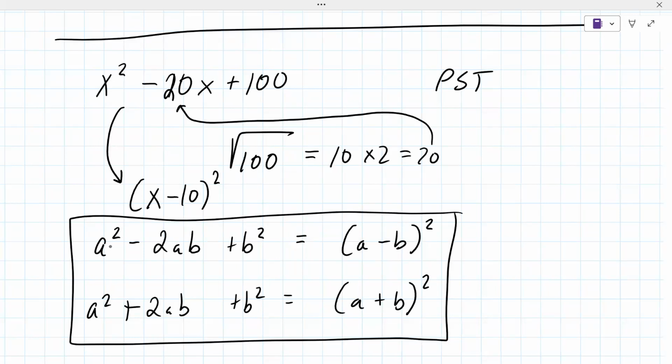I remember this from algebra. So if it's minus 2ab, then it's (a minus b) squared. If it's plus 2ab, then it's (a plus b) squared. All right, yeah, got it.